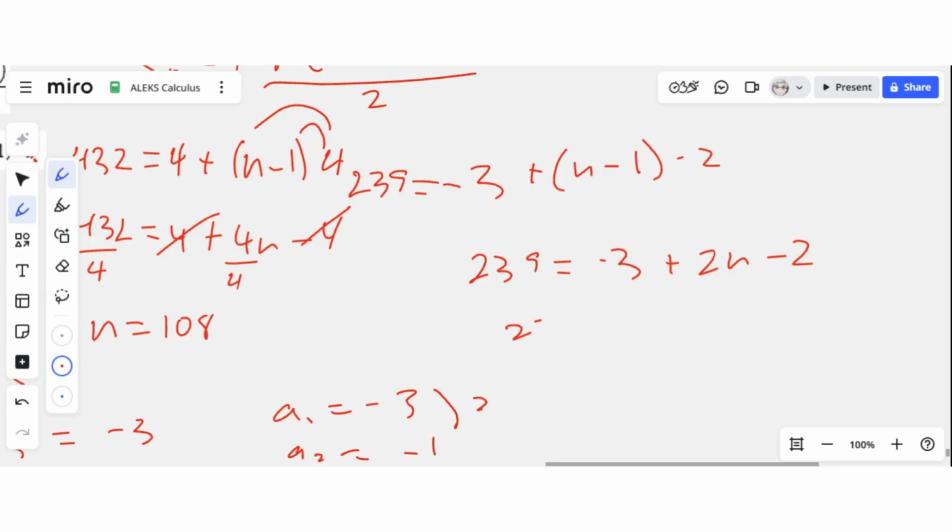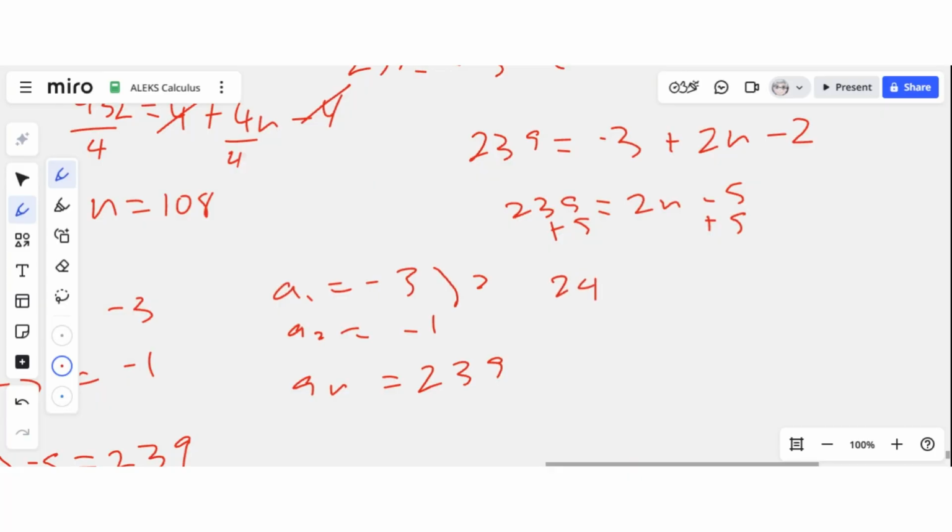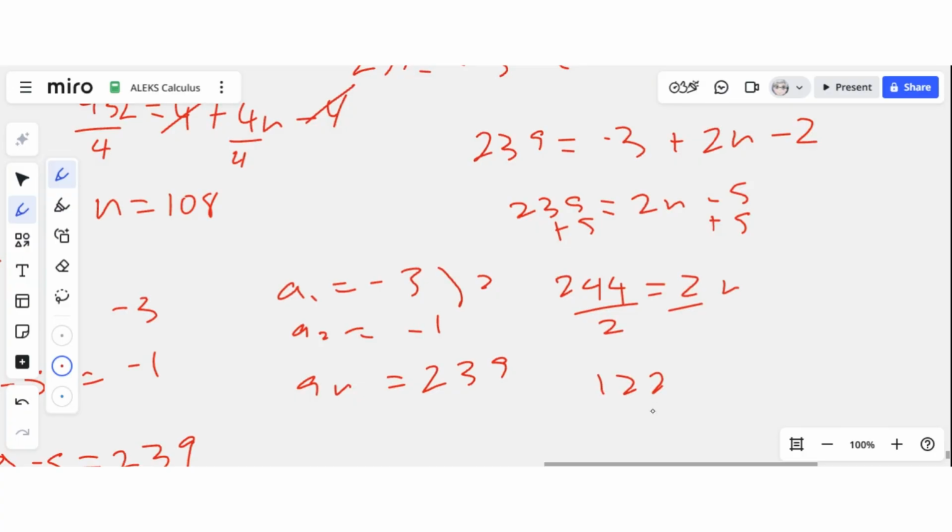So this is 239 equals 2n minus 5. We'll add 5, and we get 244 equals 2n. Then we divide by 2, and we get 122 for the number of terms. And maybe that didn't surprise you. Maybe you could see that coming already.